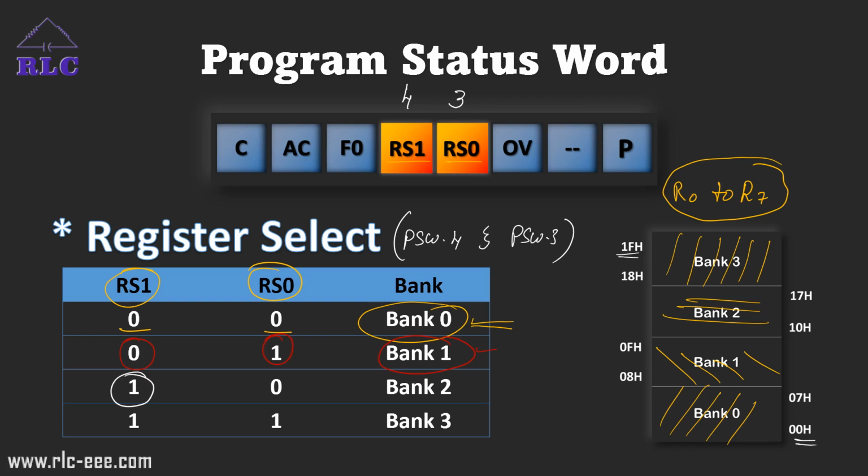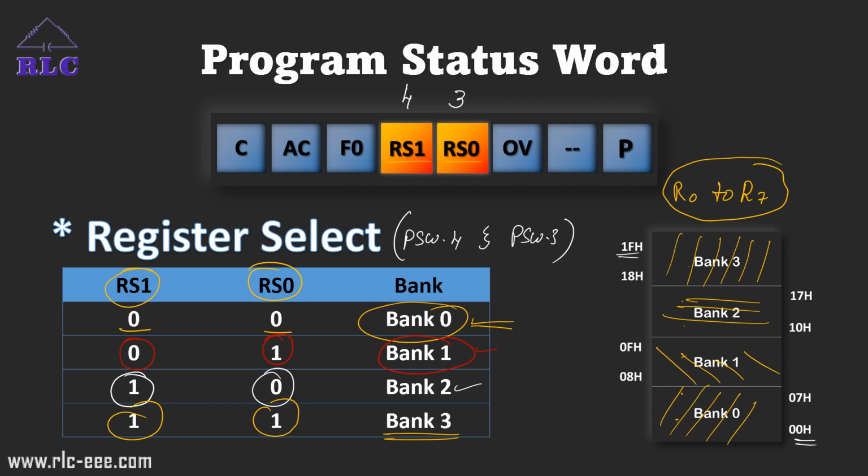If RS1 is 1 and RS0 is 0, bank 2 will get selected. If both are 1, then bank 3 is going to be selected. So to select between the banks of the RAM, we'll be using the RS1 and RS0 bits.